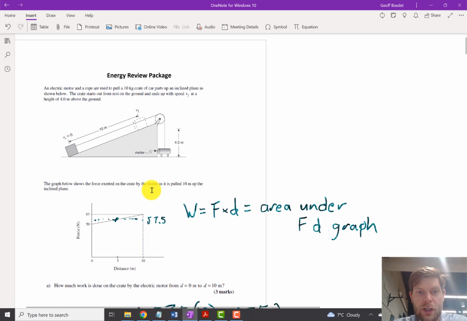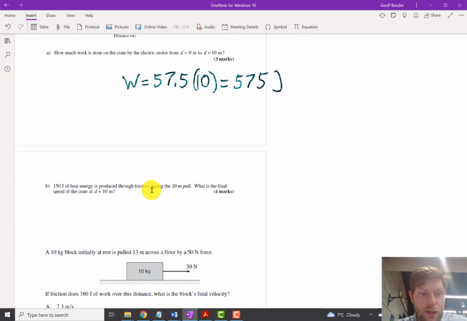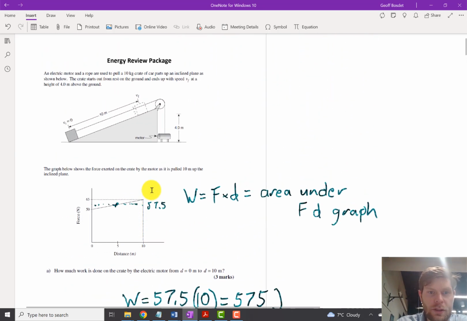For the next part, though, we've got a conservation of energy situation. So there's 150 joules of heat energy produced. I'm going to do it right here. So I'm just going to say 150 joules of heat. So this is really a before equals after. All the energy, like there's no energy before, it all came from work.